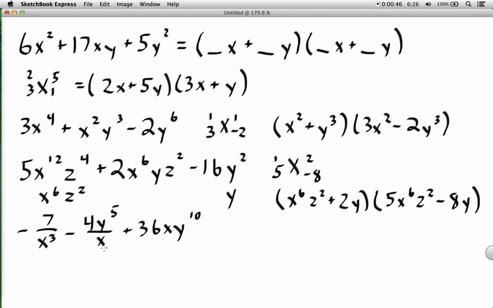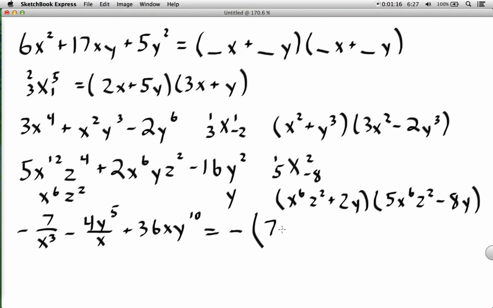But it's going to be tricky to factor with all these fractions here. So it'd be easiest if the first thing we do is rewrite everything with negative exponents, since everything's all over the place right now. And while we're at it, we might also want to factor out a negative in front of the whole expression, because we don't want to have that in front of the leading term when we eventually end up factoring.